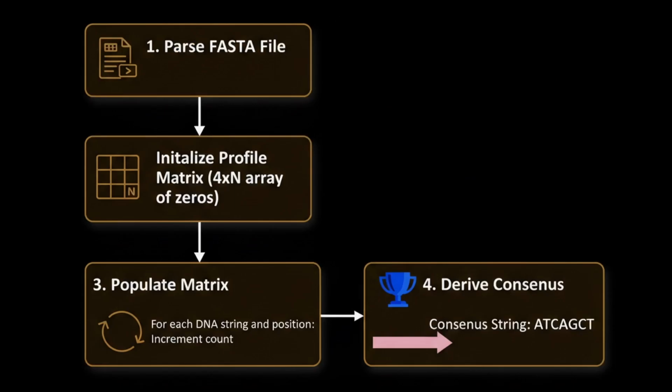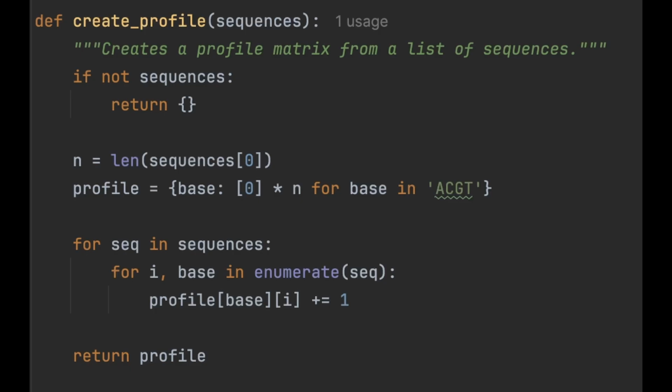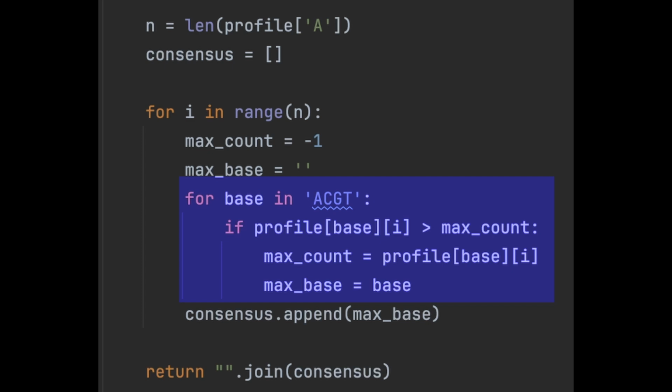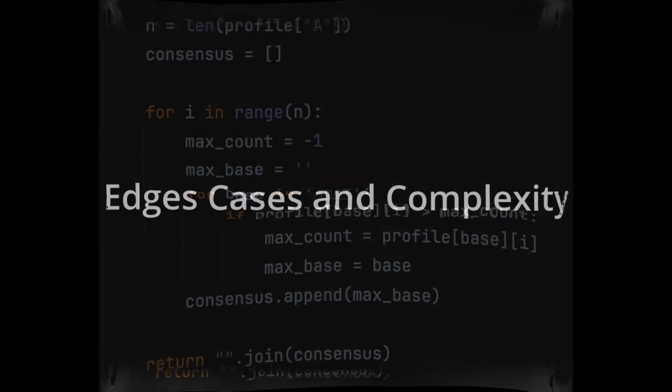Populate the profile. We iterate through each position of the DNA sequences. For each position, we loop through all our sequences and increment the appropriate counter in our matrix. Build the consensus string. We iterate through the columns one last time, find which nucleotide has the highest count, and append it to our result string.